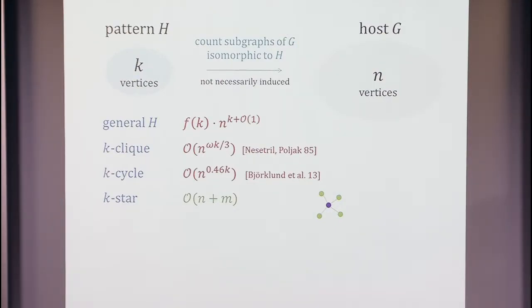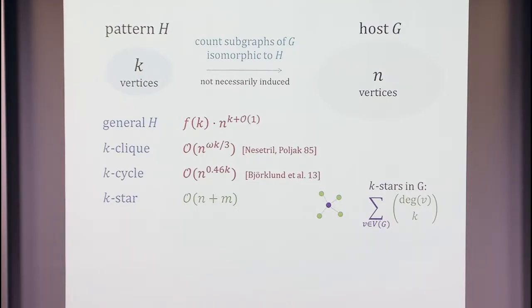In a k star you just have one center vertex, which is violet, and there are k rays around that. And you can count that in linear time because the number of k stars in a graph is just this expression here. You sum over all vertices appearing in your graph this binomial coefficient, the degree of the vertex over k. Because once you guessed a vertex that your center can map into, you just have this binomial coefficient many choices for mapping the rays into the neighborhood of that vertex.